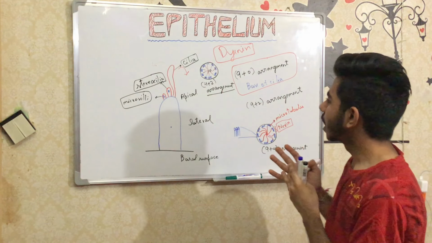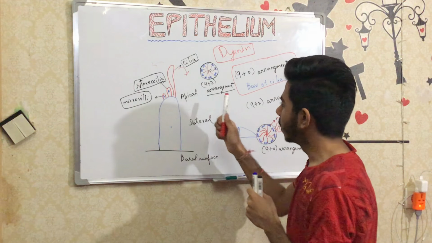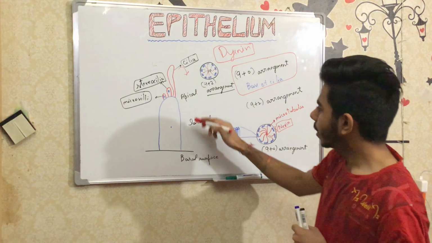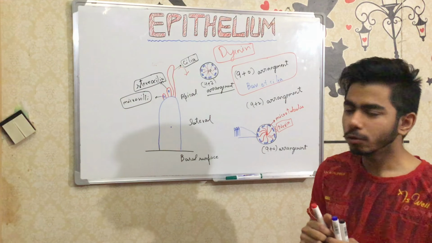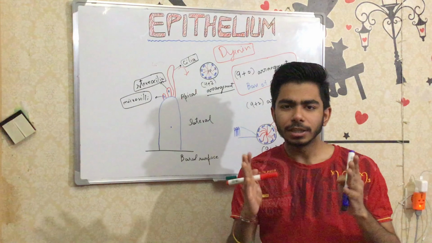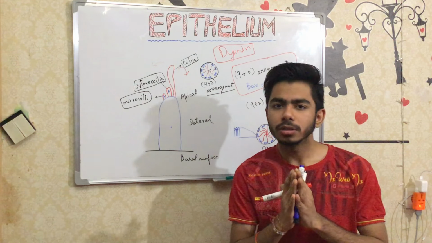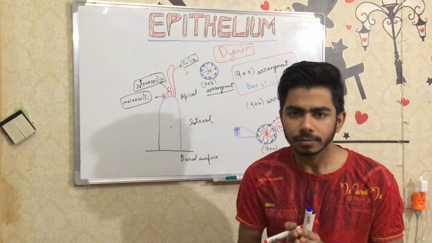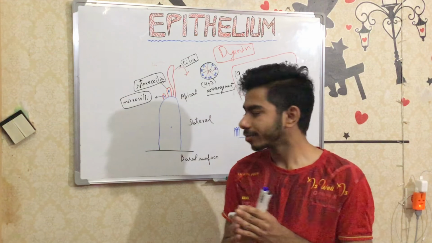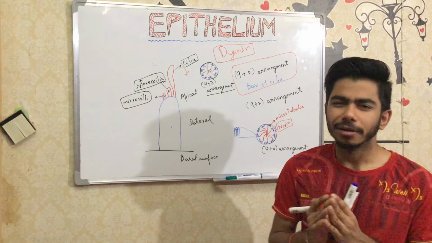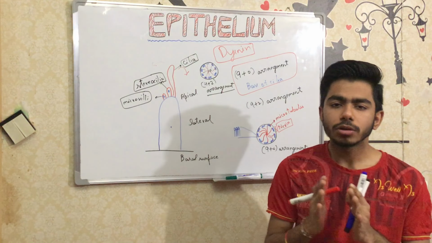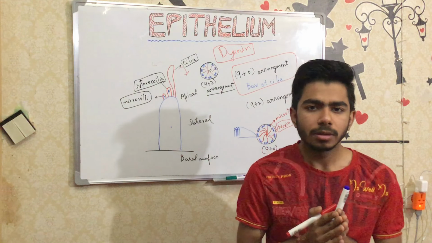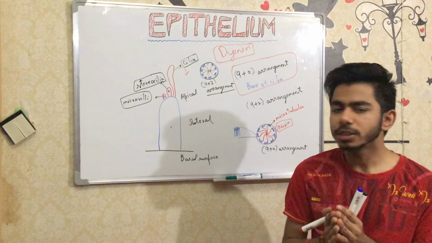So this was about the ciliary structures and about the apical surface of the epithelium. Now let's move on to the lateral surface of the epithelium. As I have told you, these epithelial cells bind to each other very tightly, and they don't allow any substance, unless it is very small or lipid soluble, to pass through, at least paracellularly.